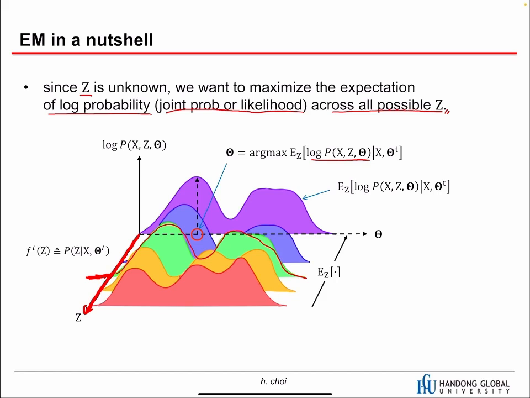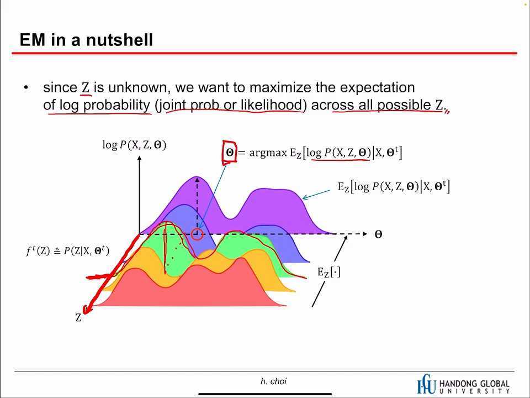Then to maximize this green one, the theta would be around here. And that might be slightly different from the M step's parameter in the EM algorithm.